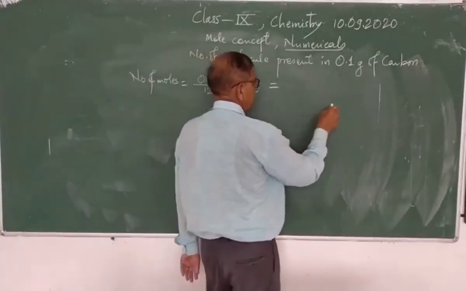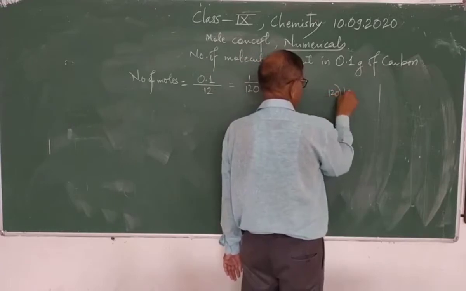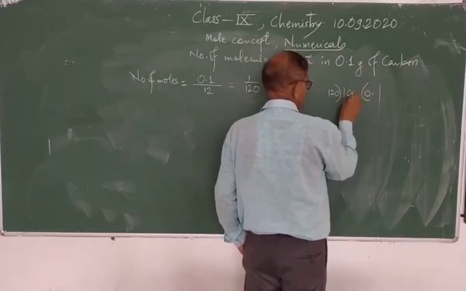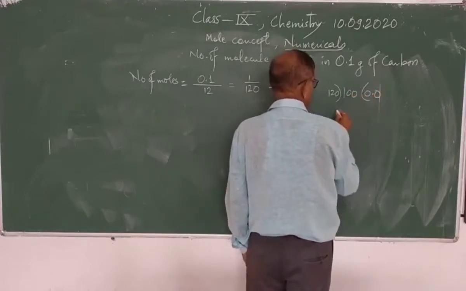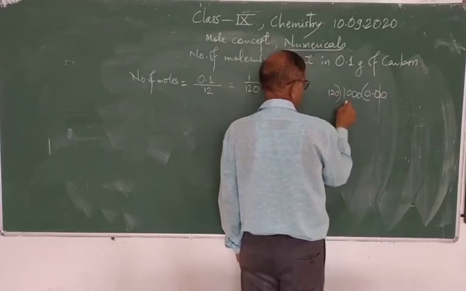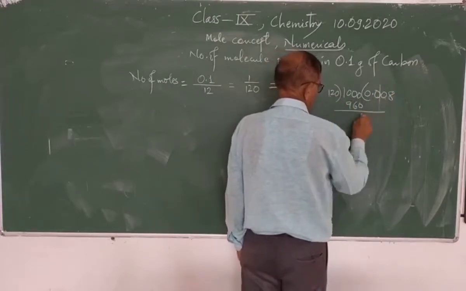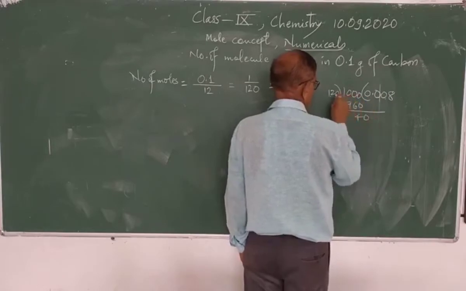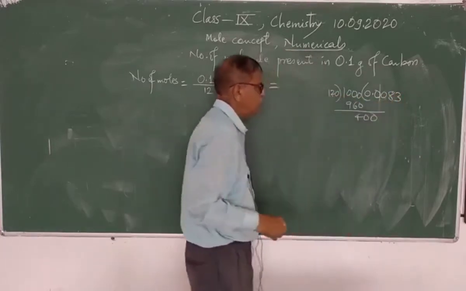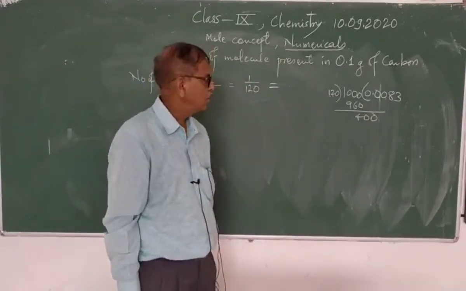Just find out how much it will be. 1 divided by 120 is 0.0083.